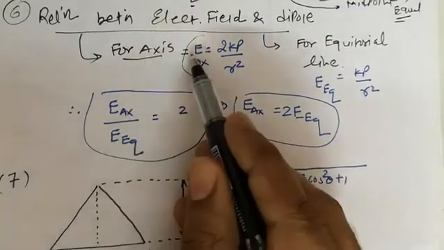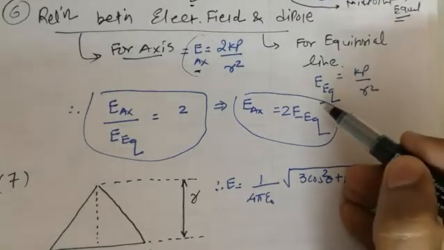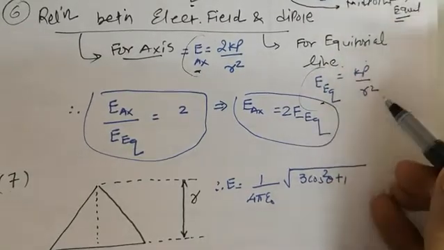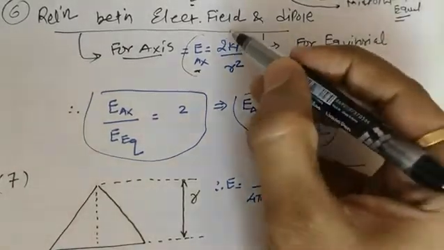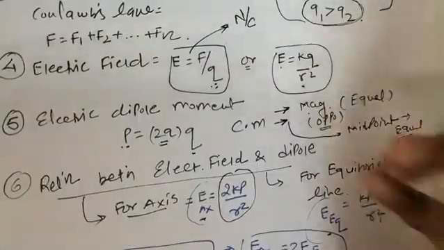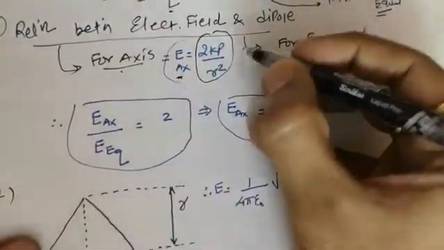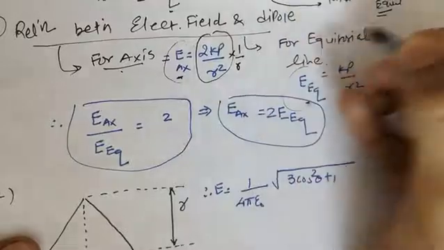For the axis, the electric field is 2kp by r square, and for the equatorial, it is kp by r square. But whenever we are dealing with the normal part, if you are aware, it is dealing with r square. So whenever we are dealing with the electric field and dipole, one power is incremented.